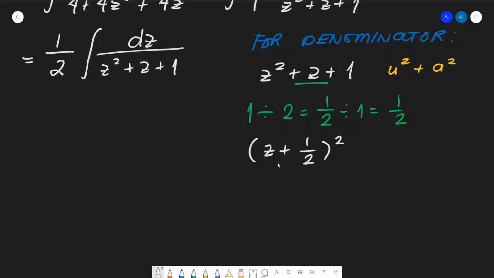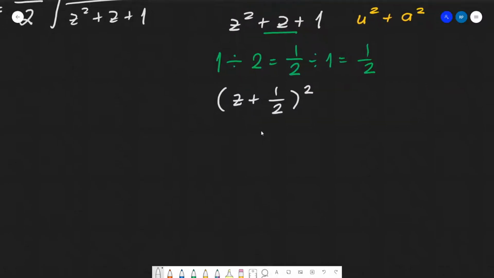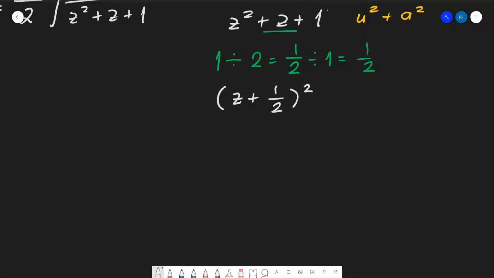Now, let's expand kasi syempre may maiiwan pa dito sa 1. No? So, let's expand. We have z squared plus 2 times 1/2 z, so that is simply z. Diba? Then plus 1/4 kasi the 1/2 squared is 1/4. Yung 1/4 saan nanggaling tong 1/4? Ima-minus natin 'yan dito sa 1.